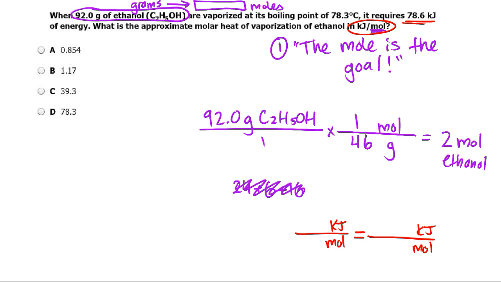From my problem, I know that 2 moles of ethanol required 78.6 kilojoules to vaporize it. But I'm asked for the approximate molar heat of vaporization in kilojoules per mole.